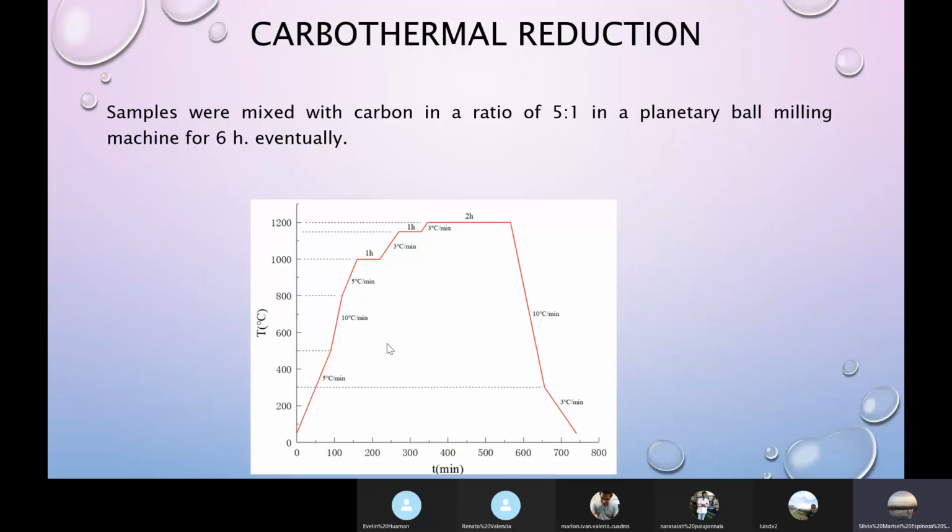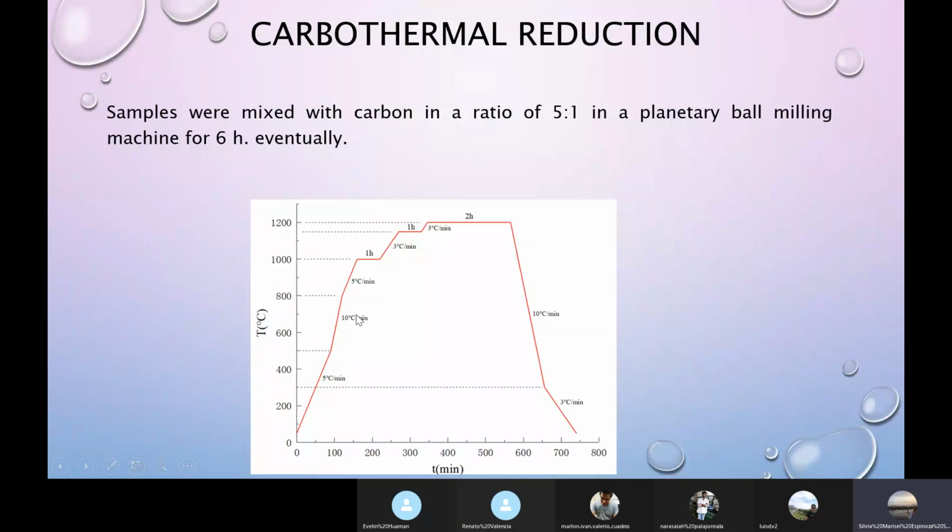The temperature was increased from room temperature at 5 Celsius per minute to 500 Celsius. Between 500 and 800 Celsius, the heating speed was 10 Celsius per minute.